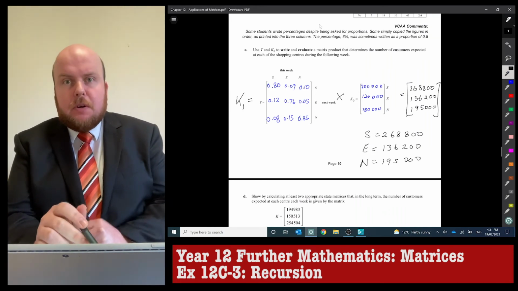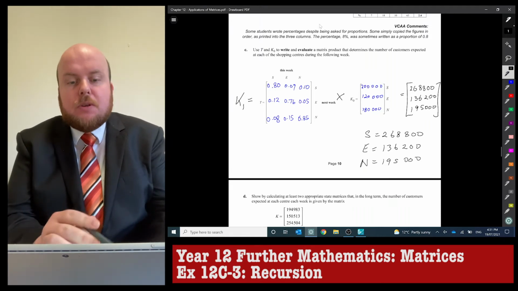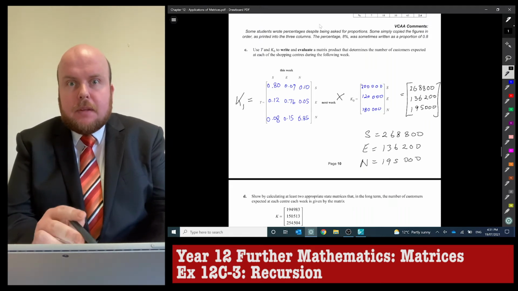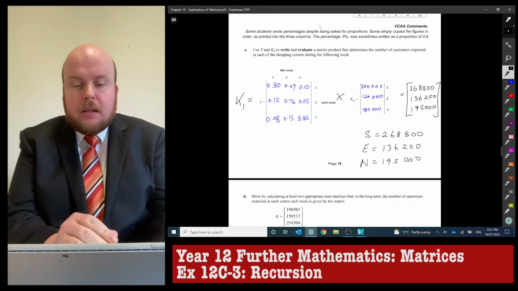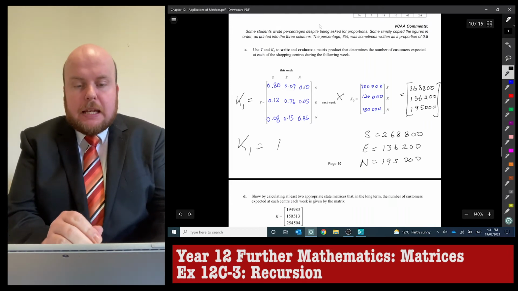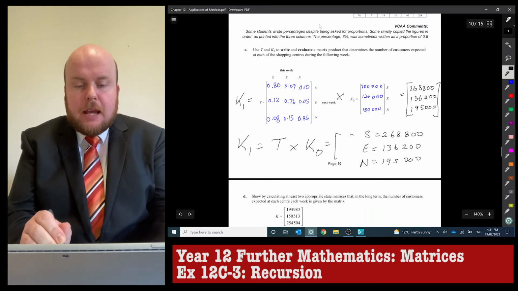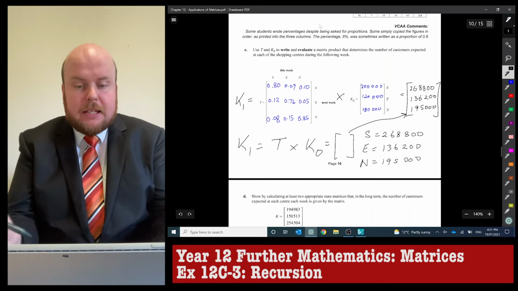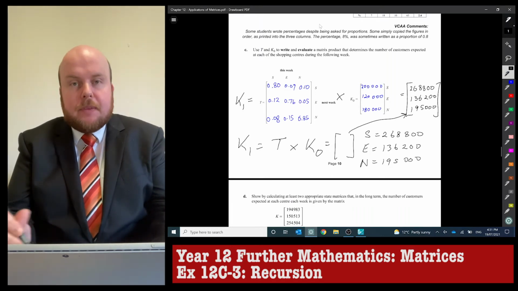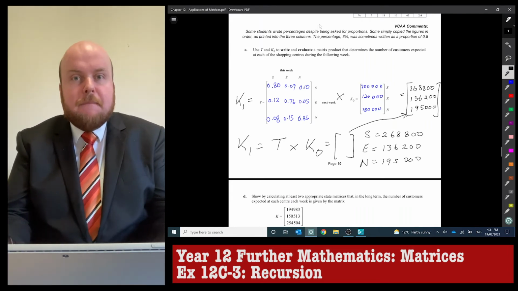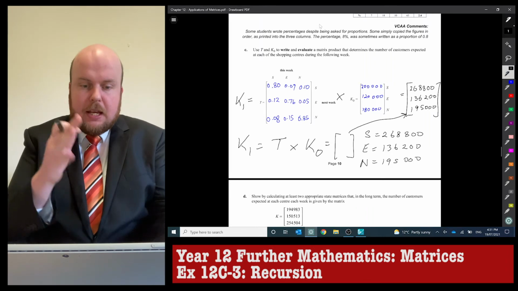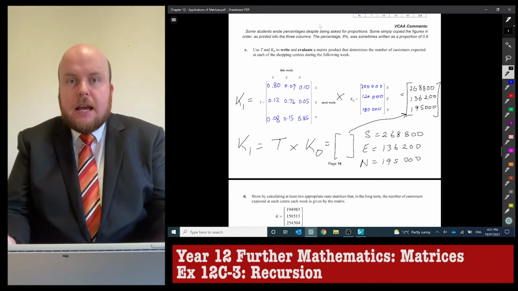Now you might be wondering, good heavens, do you have to rewrite the whole matrix each time? Well, you could get away with writing T times K naught is equal to, and then just write this final product in there, and therefore finalize these answers. If it were me, I would write the matrix, but yes, this would be a minimum that you would write, that you've got T and you've got K naught in there as well.